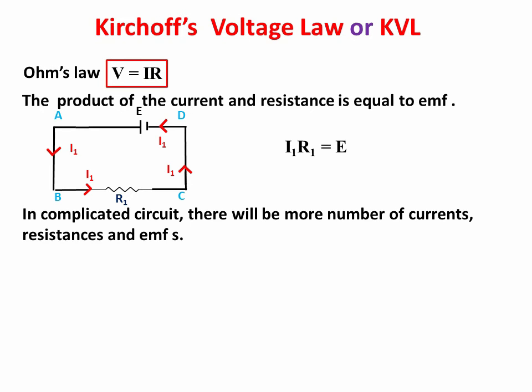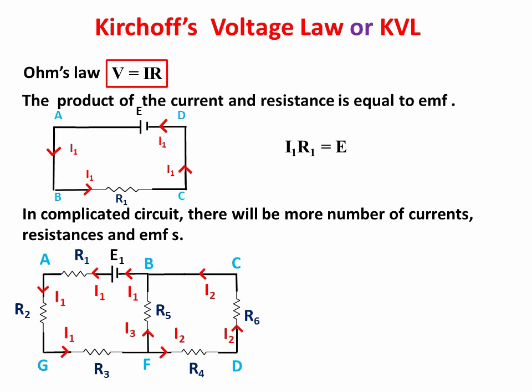For a complicated circuit, there will be more currents, resistances and EMFs, like in this figure. In this diagram, just look at the loop that starts from B, A, G, F, B, the first square in the anticlockwise direction.